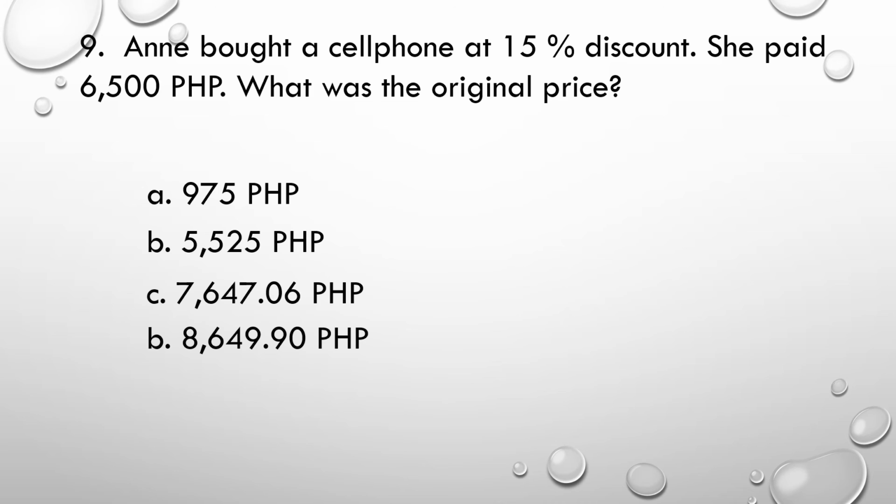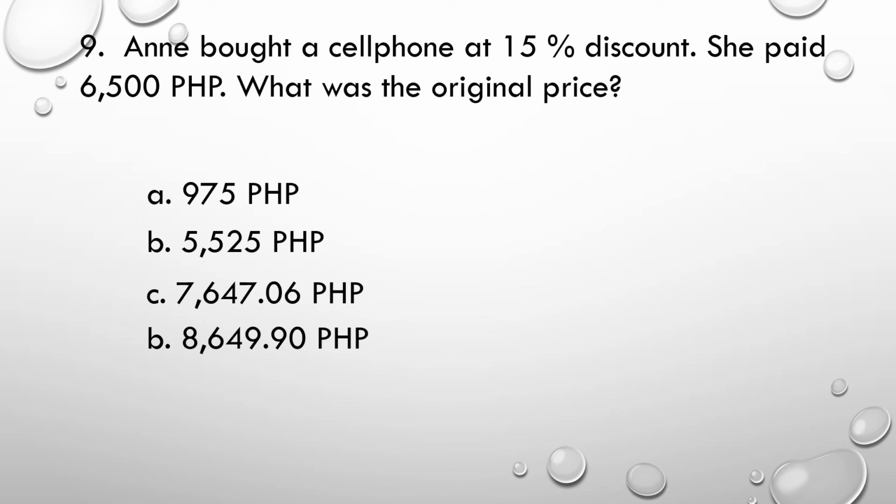Next, we have here, Anne bought a cell phone at 15% discount. She paid 6,500 pesos. What was the original price? Okay, this is a word problem now. You need to really analyze this problem carefully. Now, take note that Anne bought at a 15% discount.